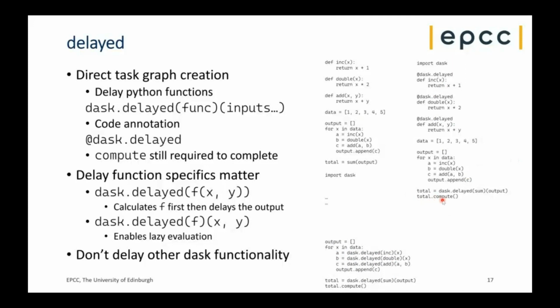So again, notice we're calling this compute function at the end to make sure the task graph is actually calculated and run in the end, not just constructed. But there I can do arbitrary things here. I've not had to use a data frame or an array or a bag. I've just got functions which are getting data passed through them, and it will do the other functionality.